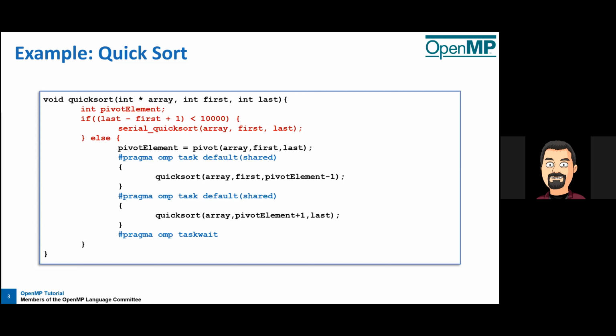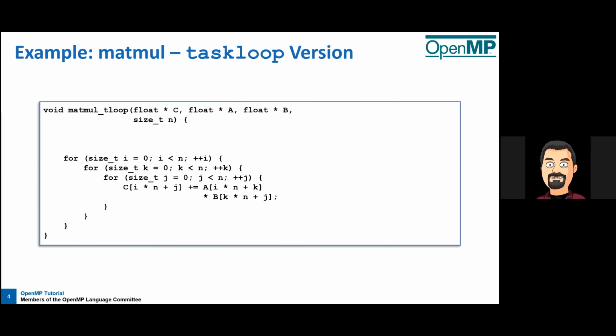All right. The other thing I wanted to pick out, as an example of what we had in the hands-on exercises, is the matmul, where there were two additional versions, matmul tloop and matmul tasks, and I want to pick those two and show you quickly how that can be done.